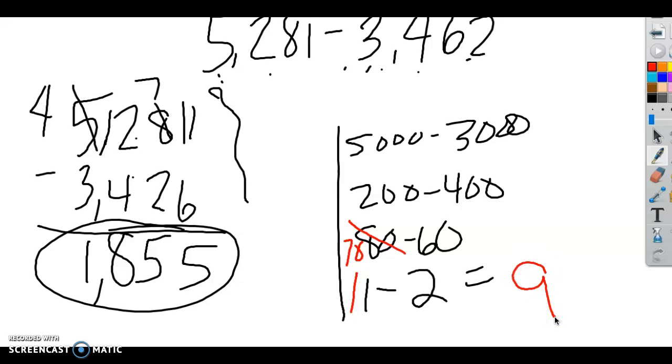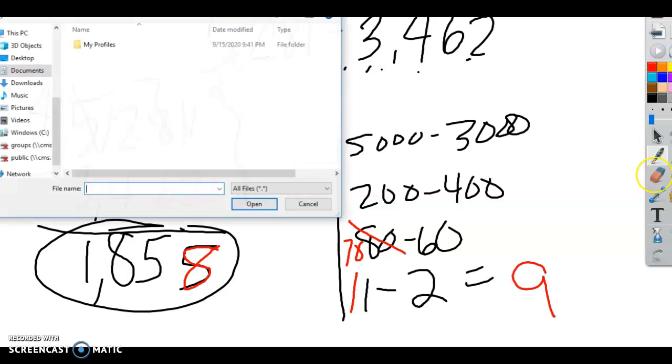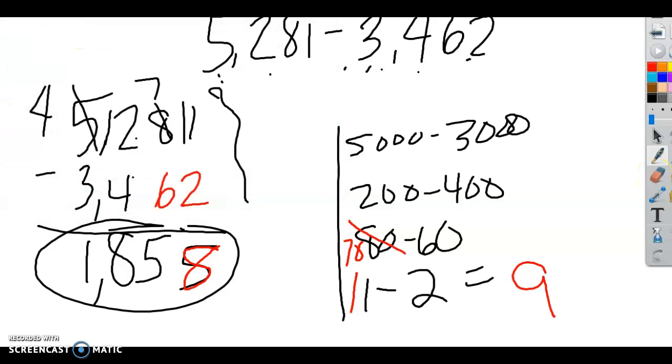9. I just noticed something. Miss Brown made a simple mistake. This is 62. I put 26. So let's change this really quickly. 62, that's an 8. And this is a 1.